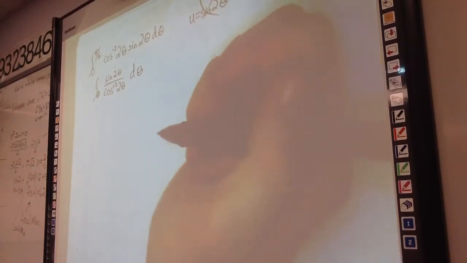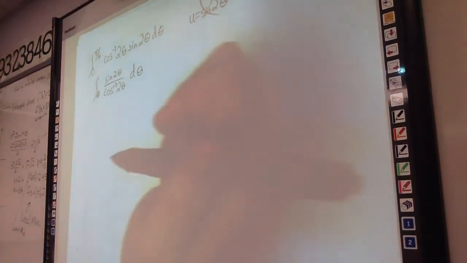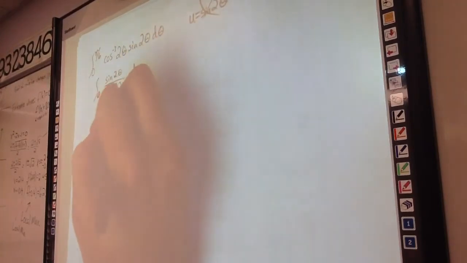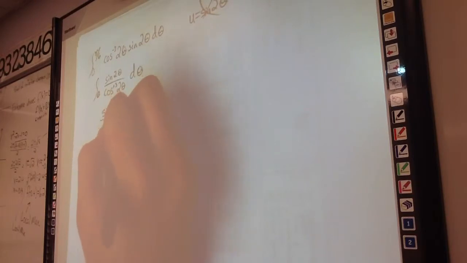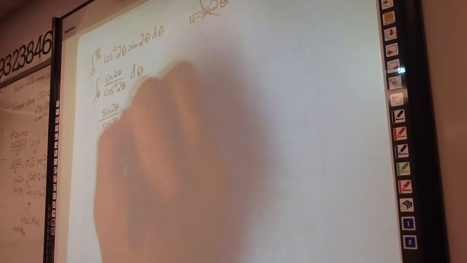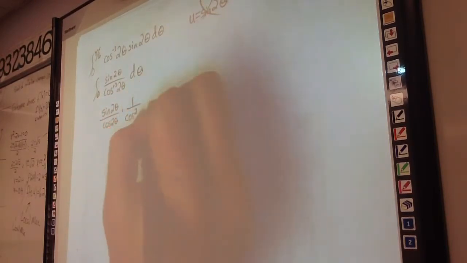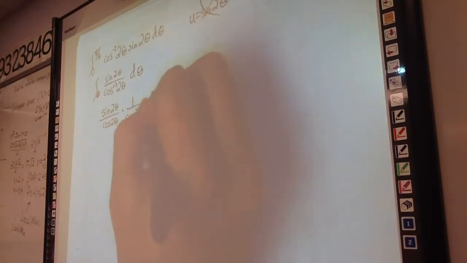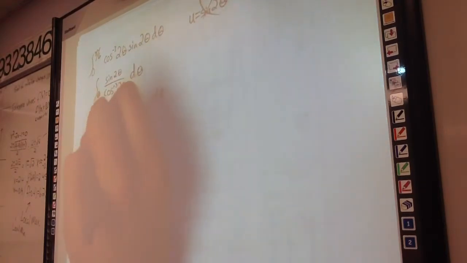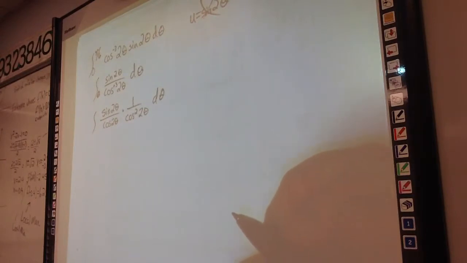And then I went further. I changed it more. I was like, well, this is the same as sine of 2 theta over cosine of 2 theta times 1 over cos squared of 2 theta. Right? Oh, that makes sense.